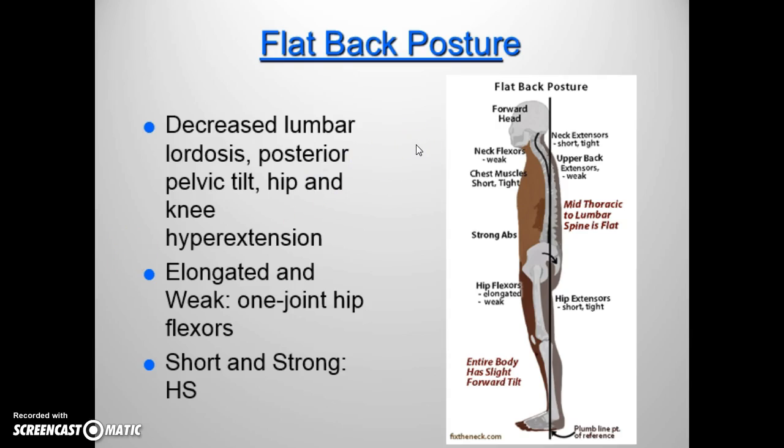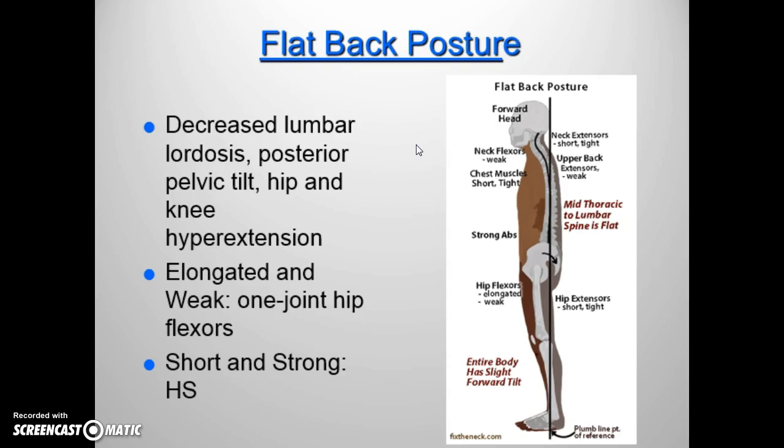Now the flat back posture is the second postural deviation. Here there's a decreased lumbar lordosis, posterior pelvic tilt, hip and knee hyperextension, elongated and weak one joint flexors, such as iliopsoas, and short and strong hamstrings.